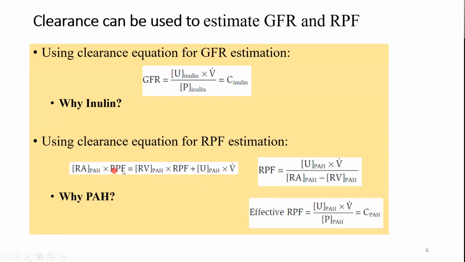You solve it for renal plasma flow, you get the classical clearance equation, where you have renal plasma flow here, and it's basically a clearance of PAH in essence. You have the urine depicted above, and slight change is that you have renal arterial PAH minus renal vein PAH. Okay, this is the real renal plasma flow.